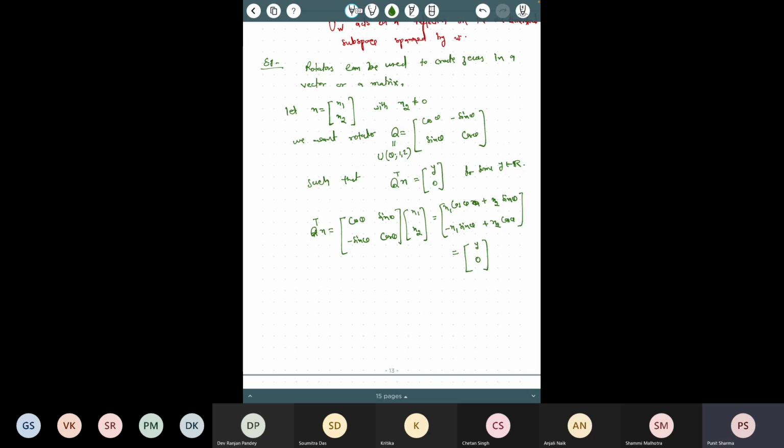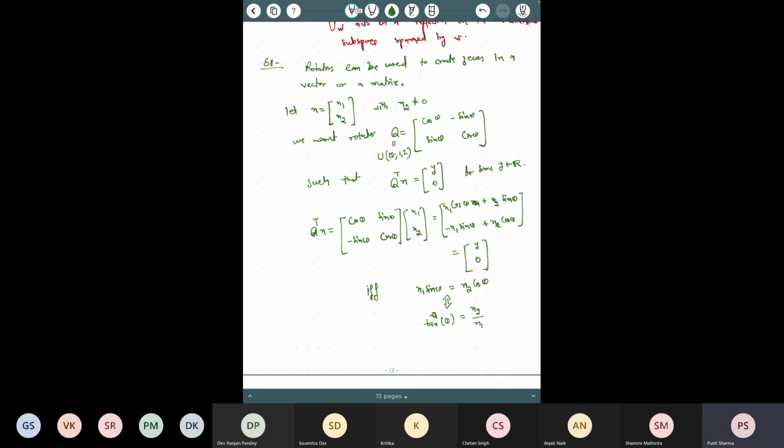To achieve this, theta must satisfy the following. Because of the second equation, this is true if and only if x1 sin theta is equal to x2 cos theta, which is equivalent to saying that tan theta is equal to x2 by x1, or theta is equal to tan inverse of x2 by x1.